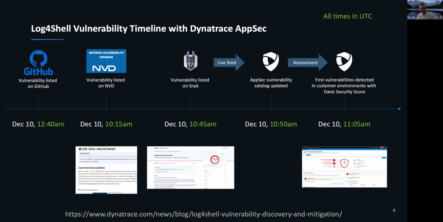It shows when the vulnerability was listed on GitHub, when it was listed on NVD, and then right thereafter it was listed on Snyk, which is essentially the leading vulnerability catalog out there. And Dynatrace detected it quickly thereafter, right? As you can see from the timeline, it was essentially a 20-minute delay from when the vulnerability was published until Dynatrace detected it in production environments.